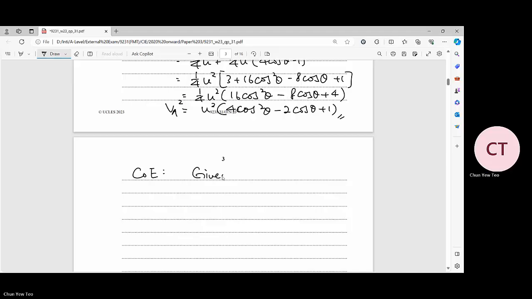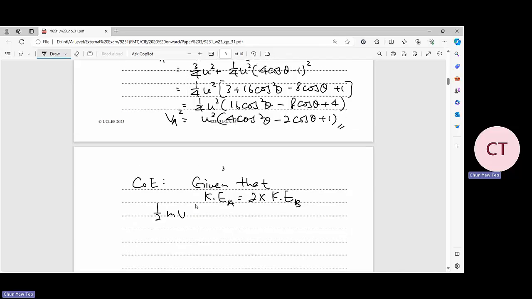Given that KE at A is twice as the KE at B, so it will be half M VA square is equal to 2 times a half of 2M of the VB square. So cancel the half M, you will get VA square equals to the 4 VB square.